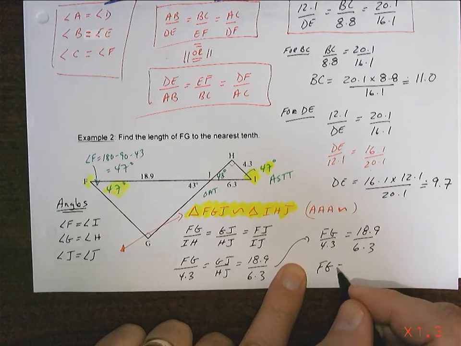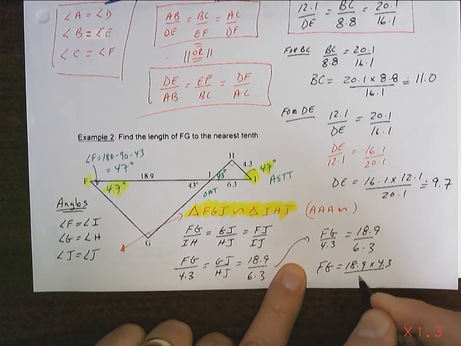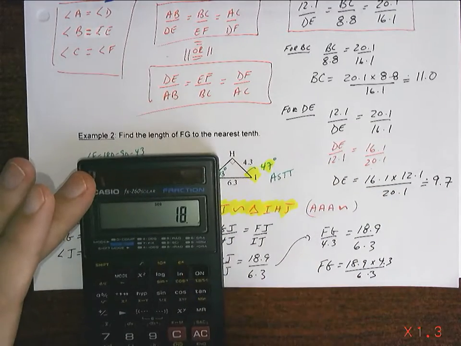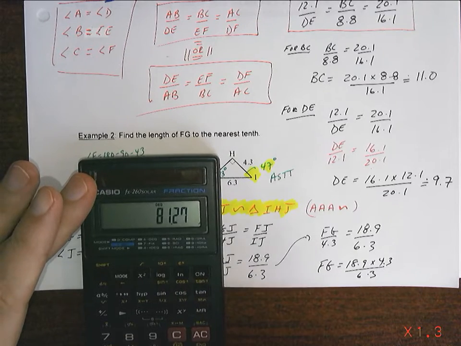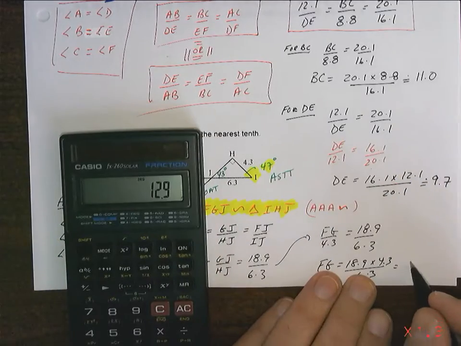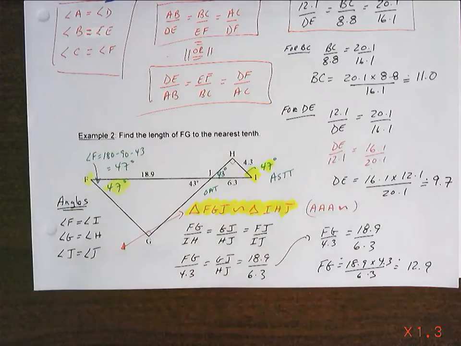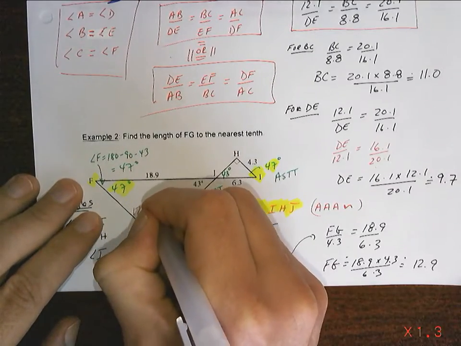So it's FG equals 18.9 times 4.3 over 6.3. Using my calculator, 18.9 times 4.3 equals, divided by 6.3 equals 12.9. And I've answered the question. I know that FG, this point here, is going to be approximately 12.9.